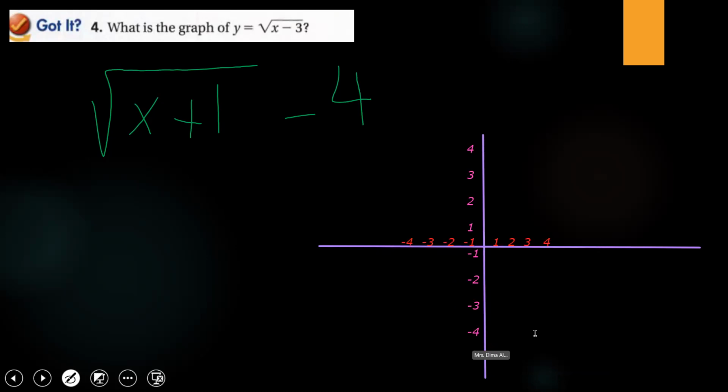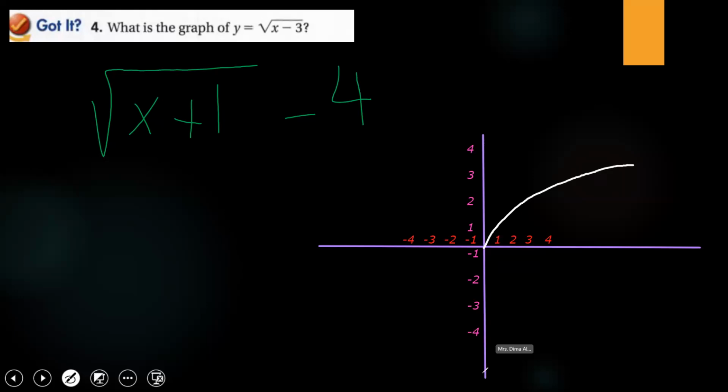Here we have the XY axis, as you see. First of all, you have to draw the parent function, which is like this. This is the parent function.